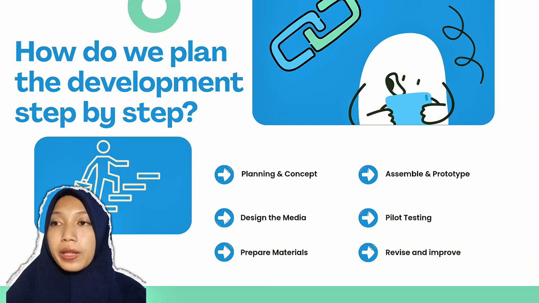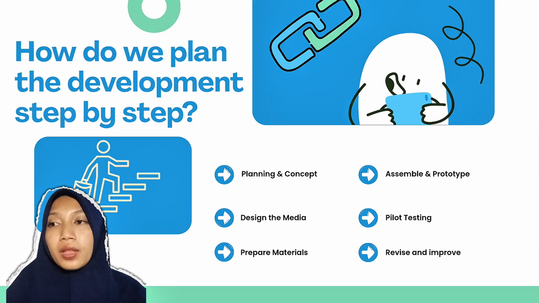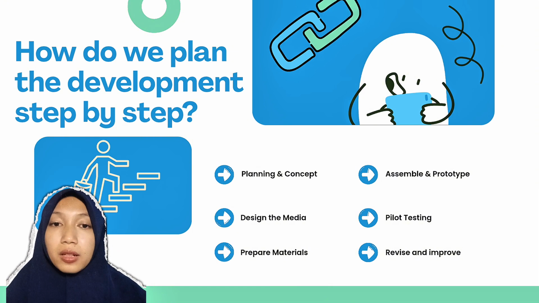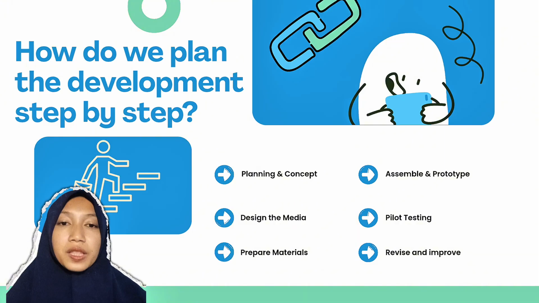And for the third, we prepare materials. We use cardboard or thick paper for the spinner base, print topics and challenges clearly on segments, and then make the pointer, such as from paper or cardboard, and attach it with a brad or fastener.